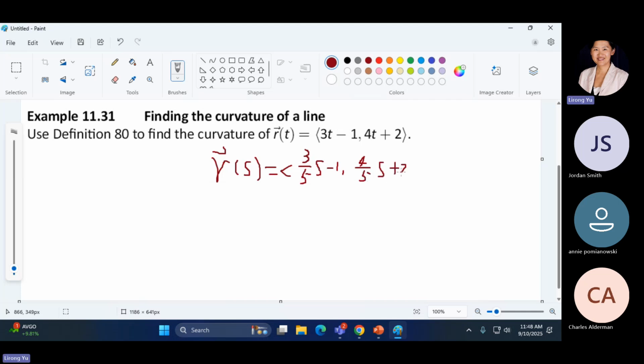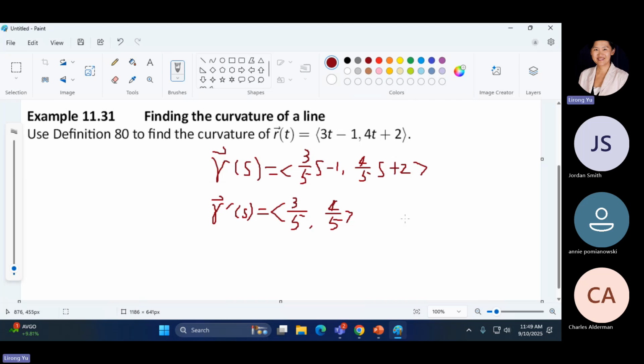Now the parameter s equal to 0 is at position 0, and s equal to 1 is at distance 1 from position 0. Okay, so first we will find the R prime of s. It would equal 3/5 for the x component and 4/5 for the y component.